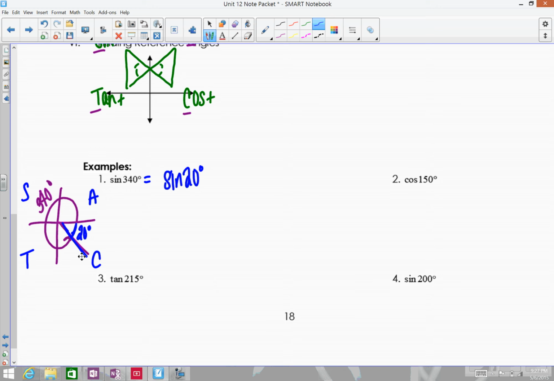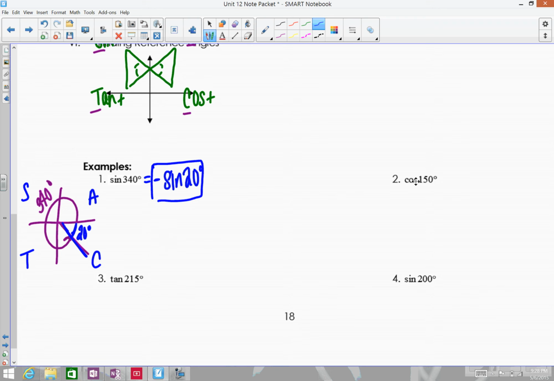In this fourth quadrant where my angle is located, cosine is the only thing that's positive. So since I'm looking at sine of 20, I have to negate that. Sine's going to be negative down there. So sine of 340 is the same thing as negative sine of 20. We're just going to leave it like that for right now. We'll worry about evaluating them after.